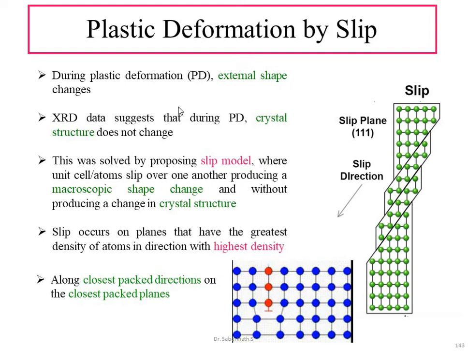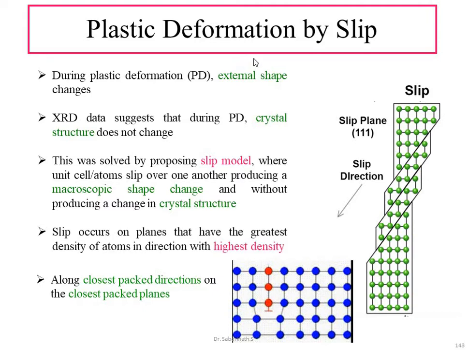Okay, so slip, there's a history behind the slip. In slip we can see the external deformation like this. External in the sense that we can see a plastic deformation of the body.